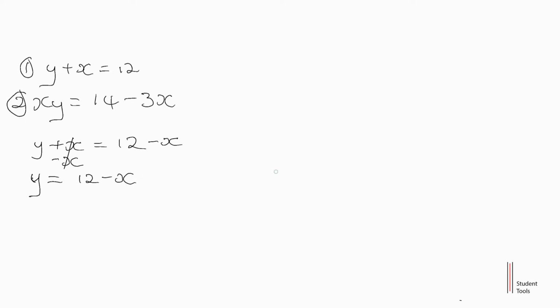So the next thing we will do is take equation 2, which is xy equal to 14 minus 3x. So with this equation, instead of y, we will replace that y with 12 minus x.